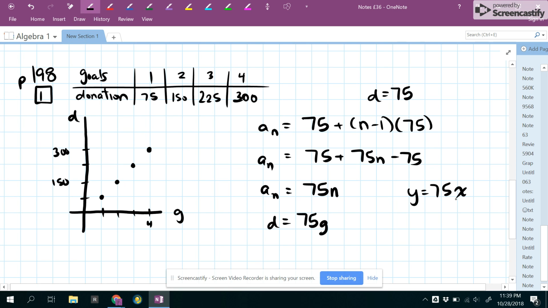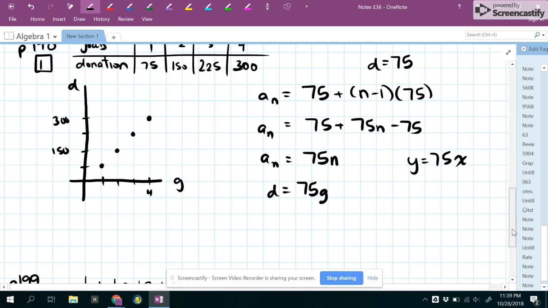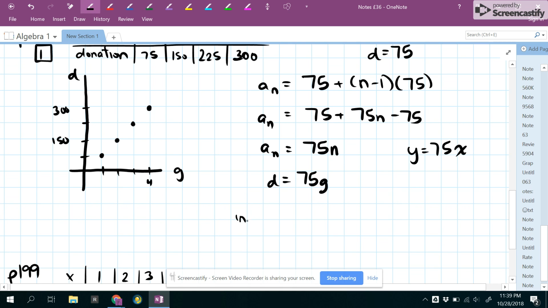Now that you have an equation, your job is to figure out how much money would be made for 12 goals. So you would just plug in the 12, and I hope that you get $900.